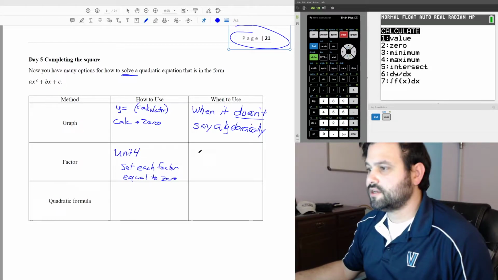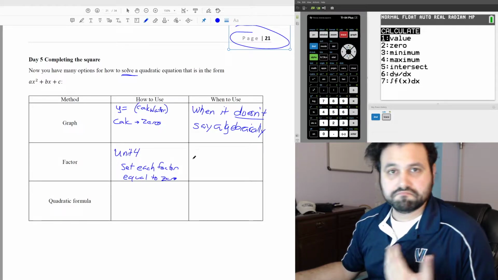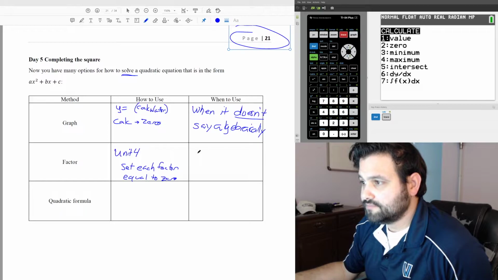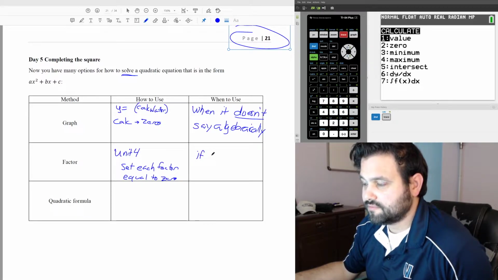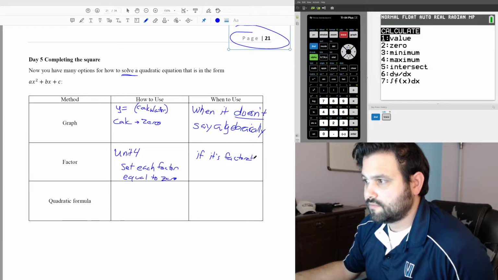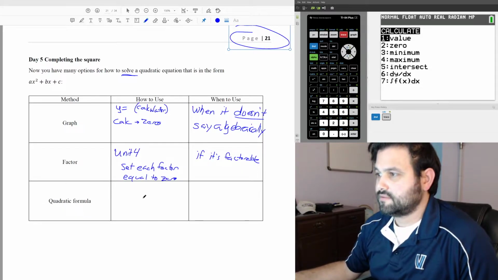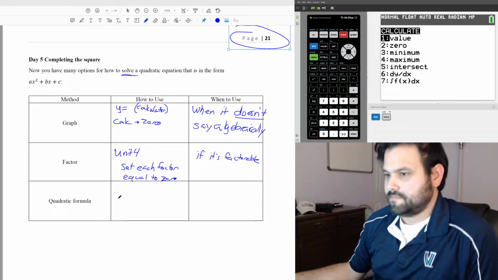When to use this? We could use this really anytime it's factorable, right? So how about if it's factorable? Okay, getting a little bit more legible maybe.